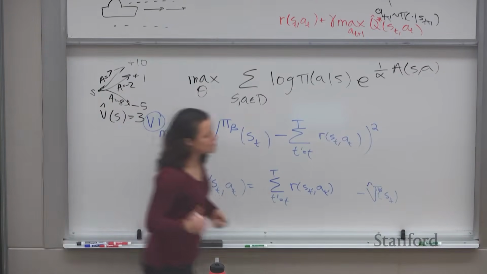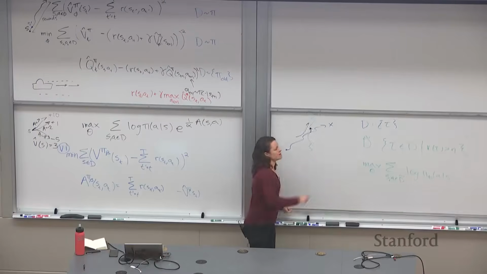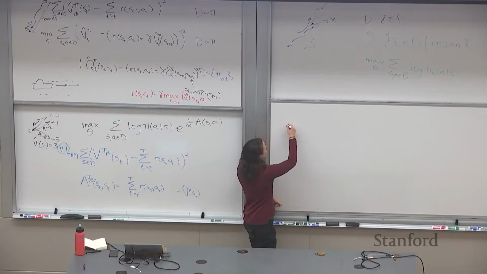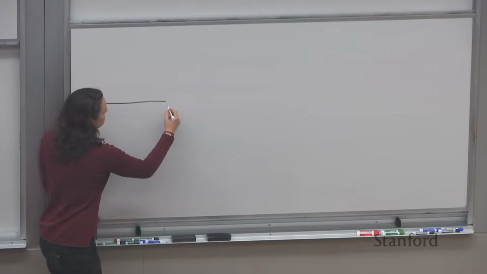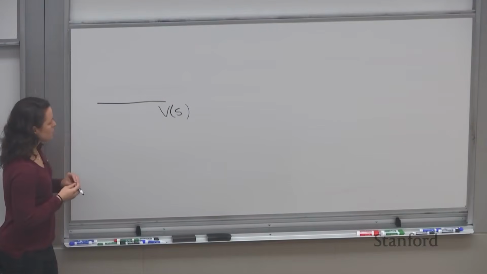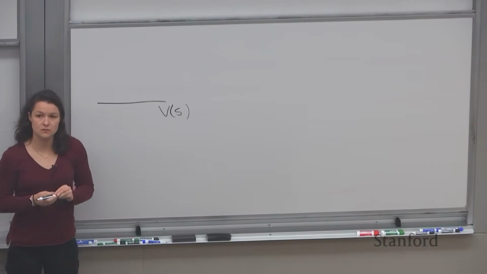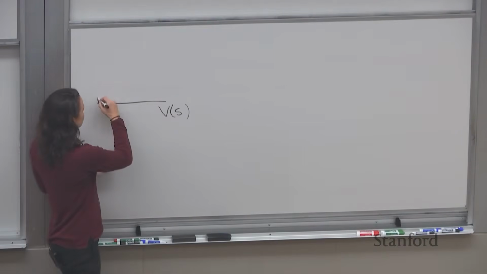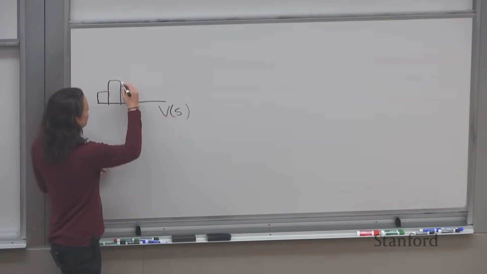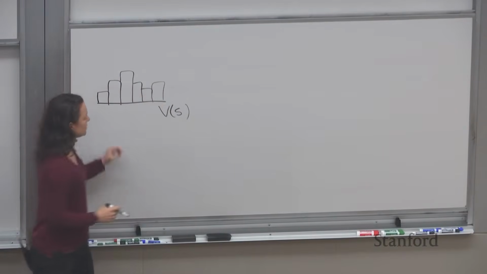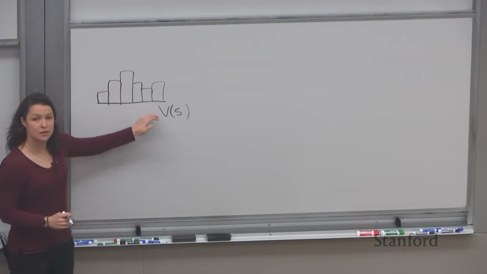And so if we think about that distribution, and if we thought about the value function for a given state, when you are taking different actions, you see different sums of rewards. And so there's actually some underlying distribution in your data for a given state.